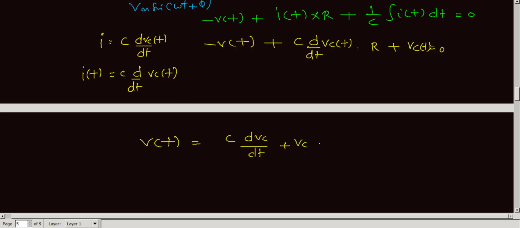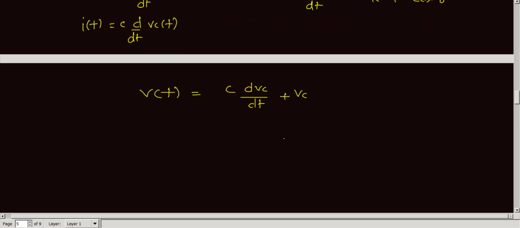Then dVc by dt plus Vc by RC equals V of t by RC.